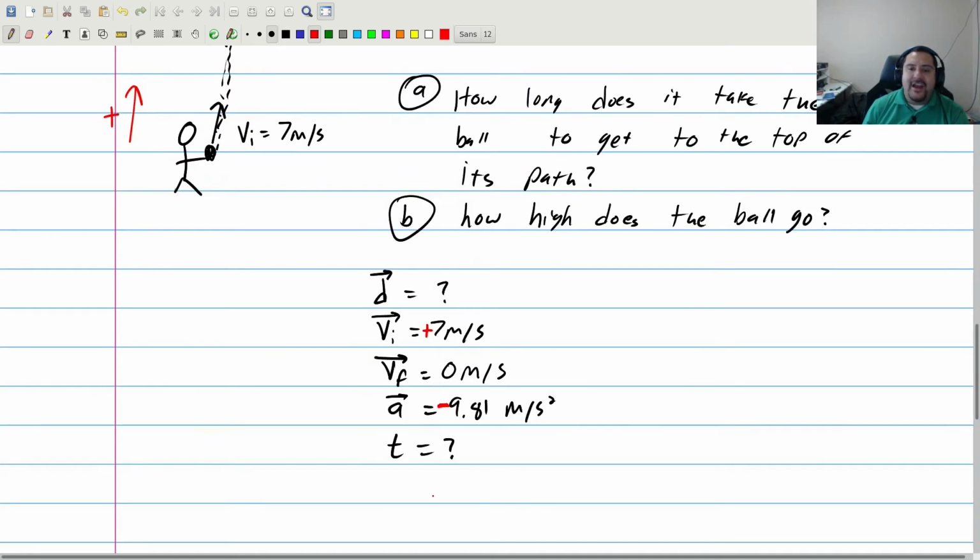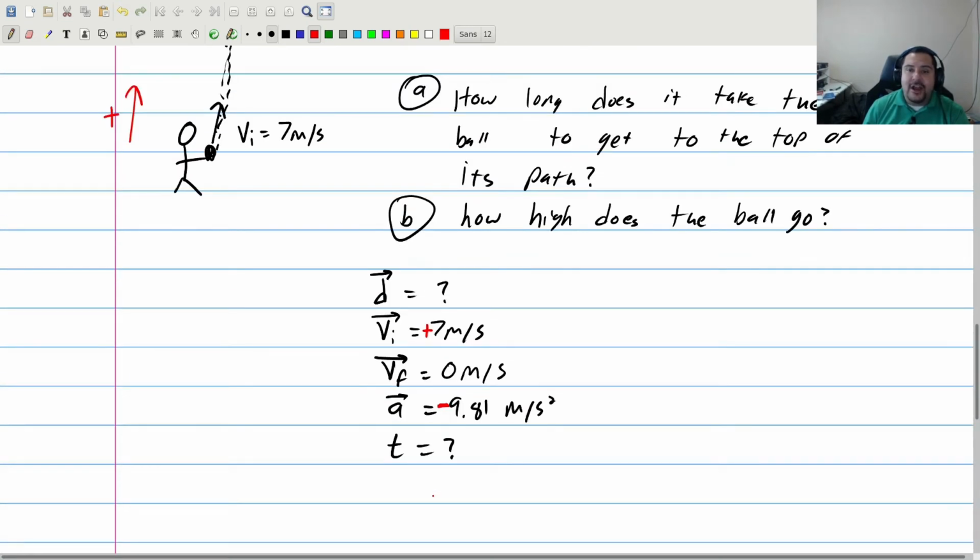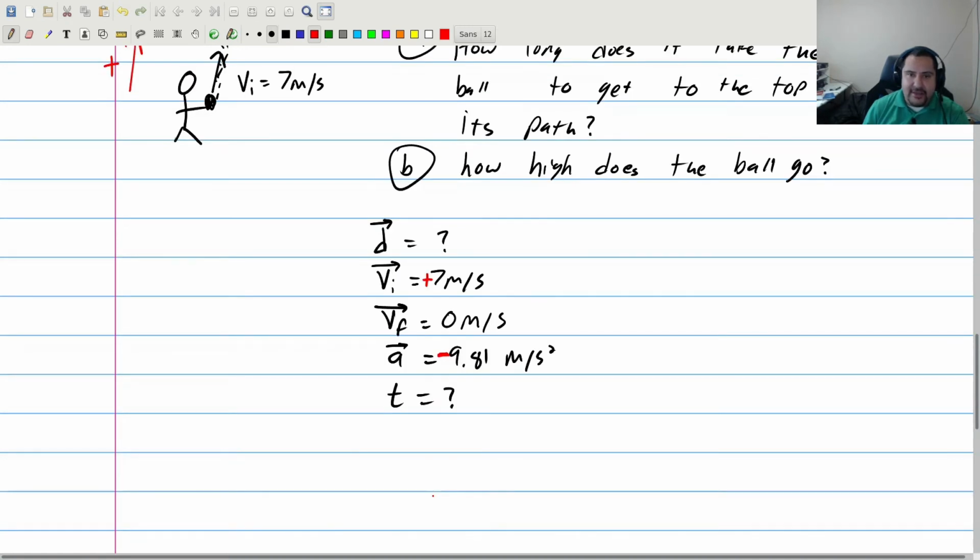Okay, we have 3 variables. Now we can solve for how long it takes to get to the top of the path. Again, we have v initial, we have v final, we have acceleration. So it turns out the correct equation to choose here is going to be kinematic equation number 2, which says v final equals v initial plus a times t.